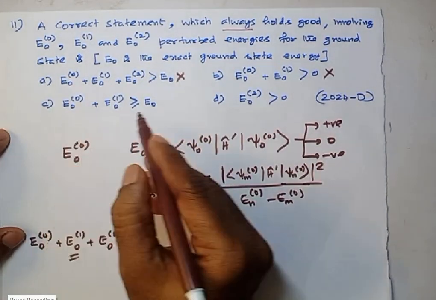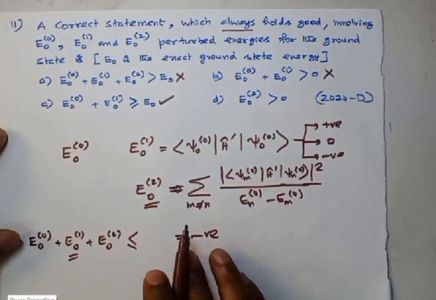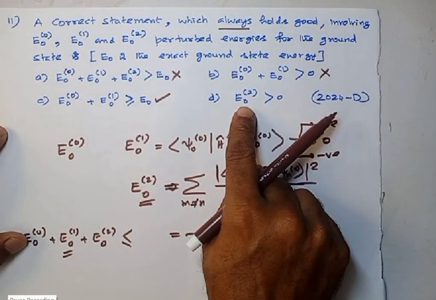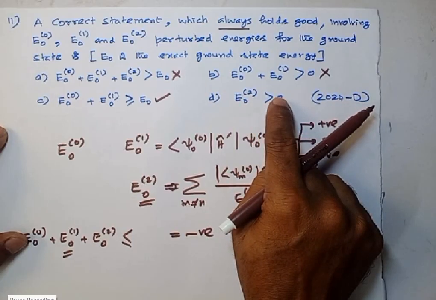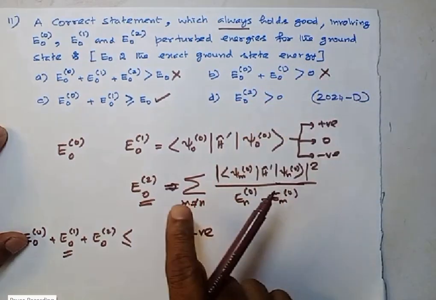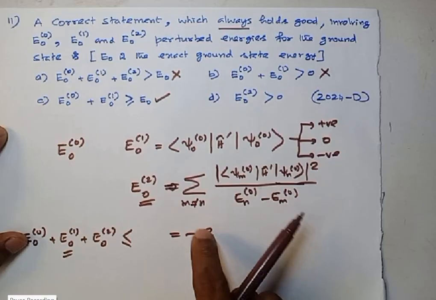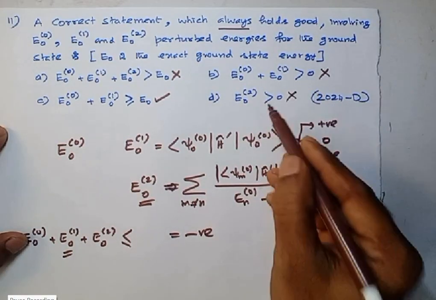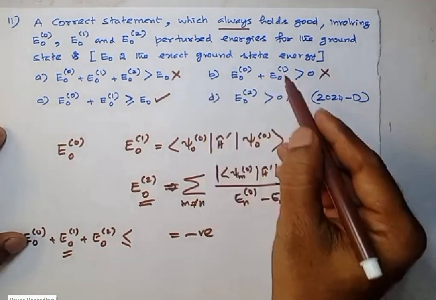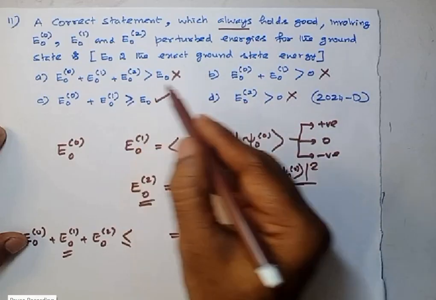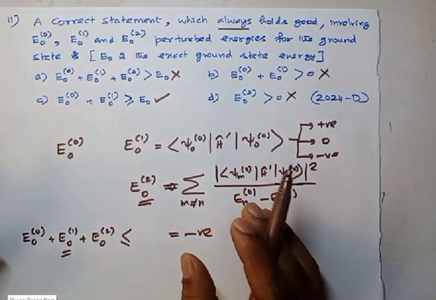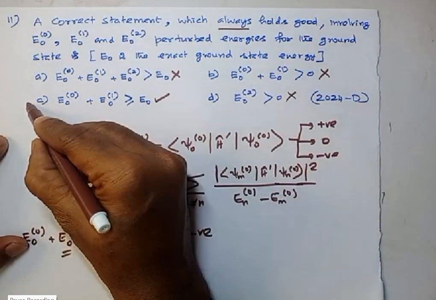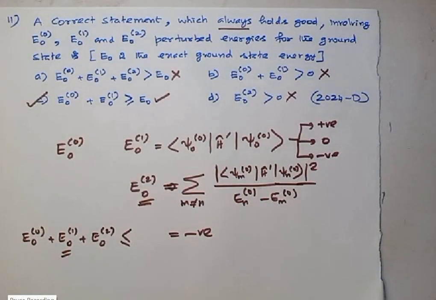So this may be correct. What about option D? Second order correction to the ground state. Greater than 0 means positive. No, the second order correction to the ground state is always negative. So this is a wrong statement. So out of these options, option C is the only probable answer. So the correct option for this question is option C.